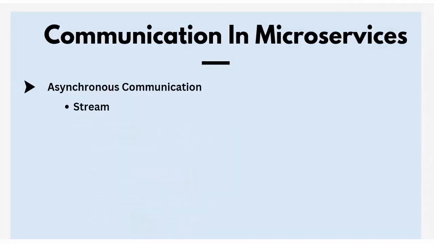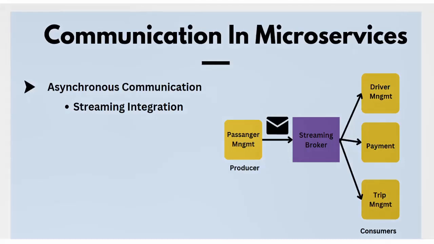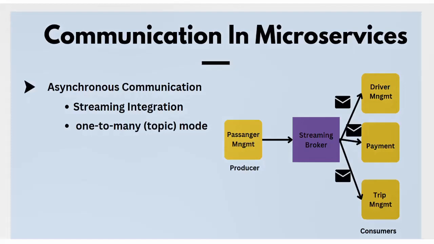Yet another way of communication is streaming integration. When streaming integration is implemented through a streaming broker, it is architecturally similar to messaging integration in terms of decoupling microservices. In addition, a streaming broker acts the same as a messaging broker in terms of message delivery. One microservice sends messages to the streaming broker, and one or more other services can subscribe to, consume, and process them.